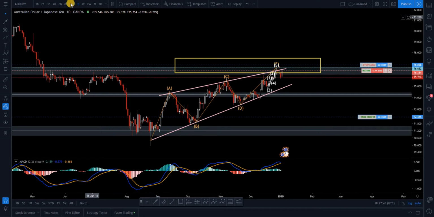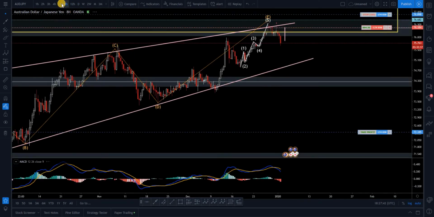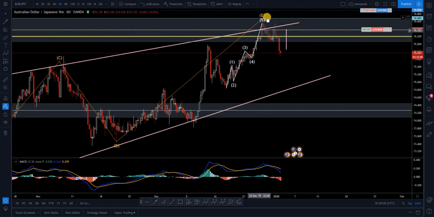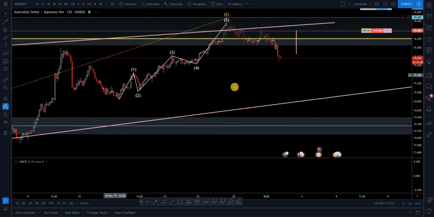If I go down to my 6-hour chart, you can see it well here. At one point I marked this as the final bounce in this diagonal, but as you can see it didn't quite make it. So I then drew another 5 wave move, and this became the A, and this definitely made it. Price went through the diagonal and has since come back down to the 2-hour chart.